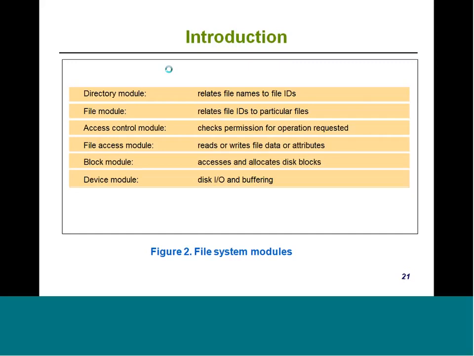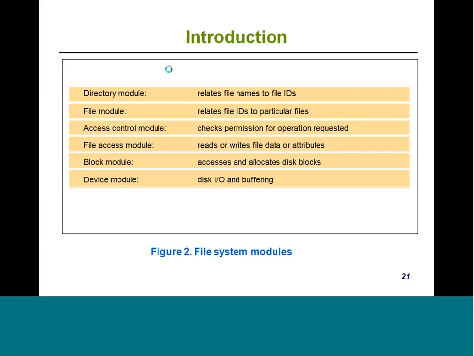So it's kind of the same as a DNS resolver that we can think of. The file module itself relates the file IDs to particular files. The directory module can also have the directory names associated with it. Here the file module relates the file IDs to the particular files.